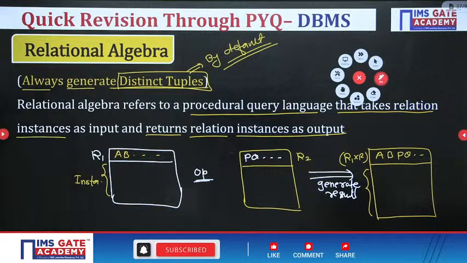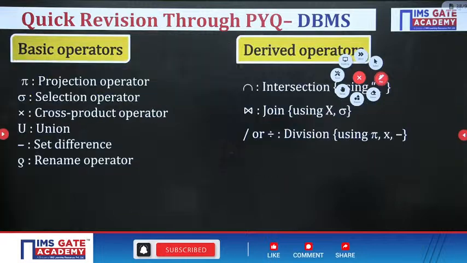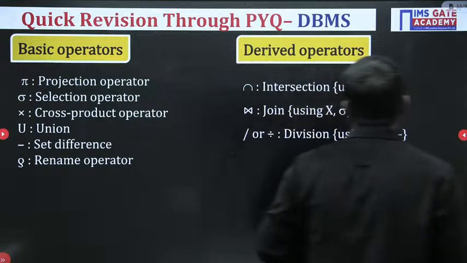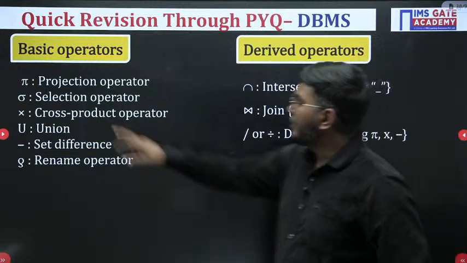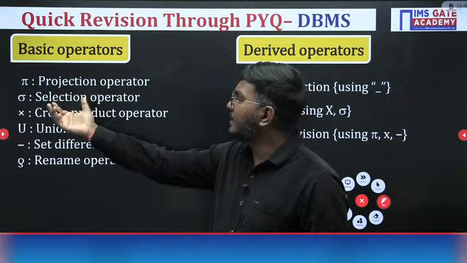Now see next, some of the basic operators. A basic operator in the relational algebra is projection. This is used to project the attributes.